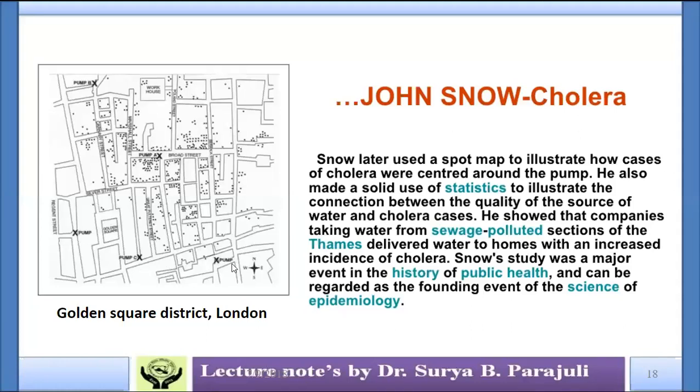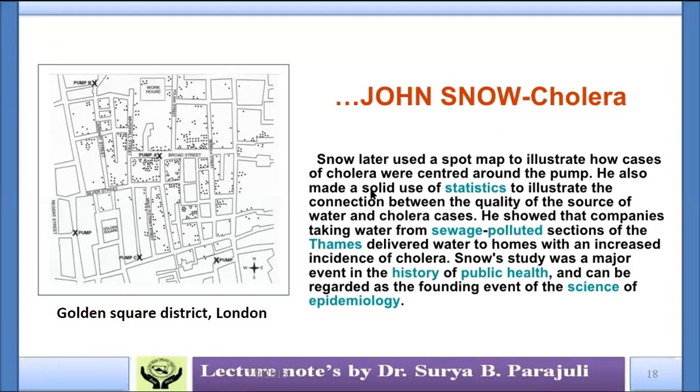So it illustrates that more cases of cholera were due to consumption of water from this pump. Just by going through a spot map, we can identify the source.